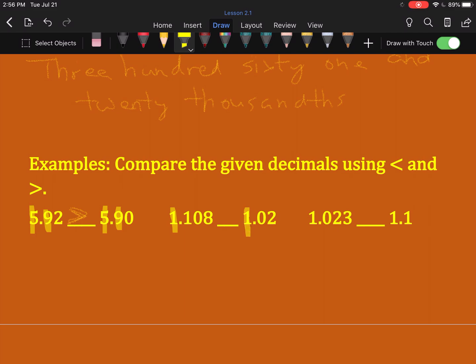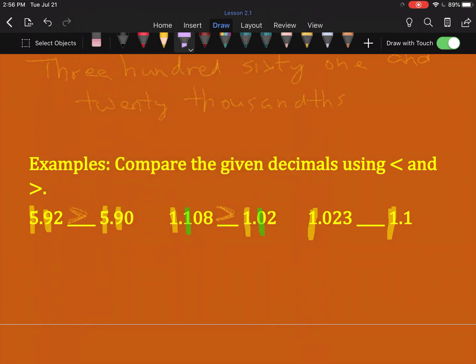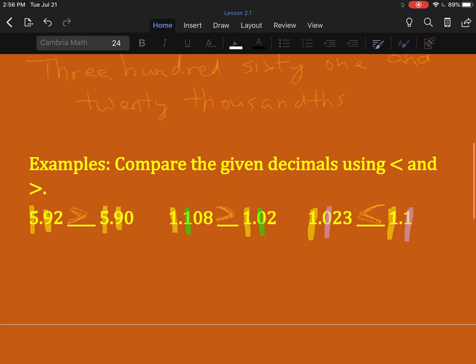But after the decimal point, the next digit is 1 and a 0. Those are different. I can compare those. 1 is bigger than 0. And I don't need to look at anything else. On this last group, 1 and 1 are the same, so they don't tell me anything. But 0 and 1 are different, so I can compare them right now. 1 is bigger than 0, so this gets a less than symbol. I don't need the 2, 3 here because 1 and 0 are different. I just have to find the first place where these numbers have different values to compare them.